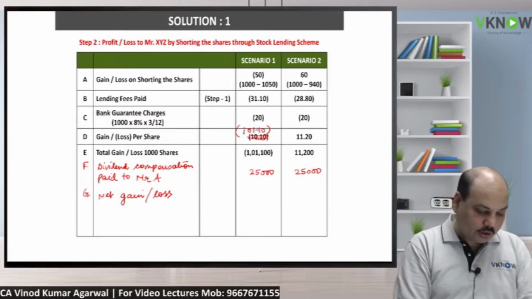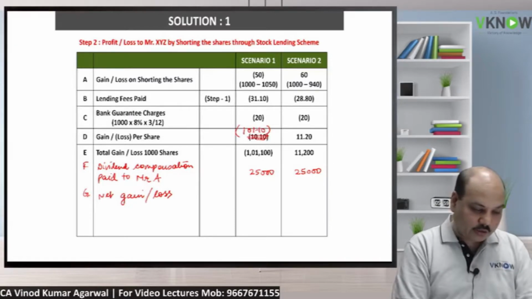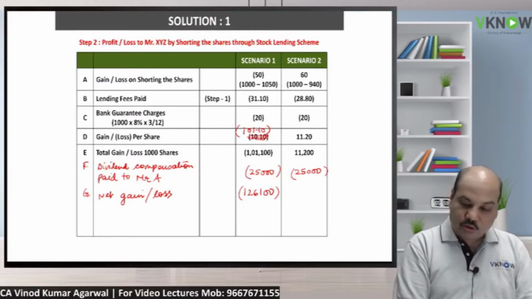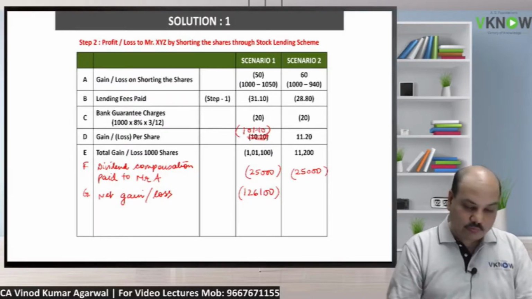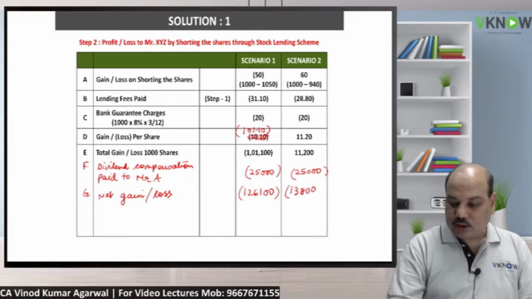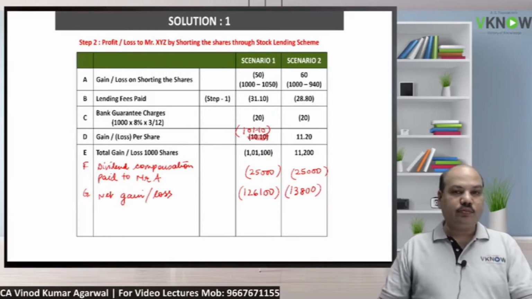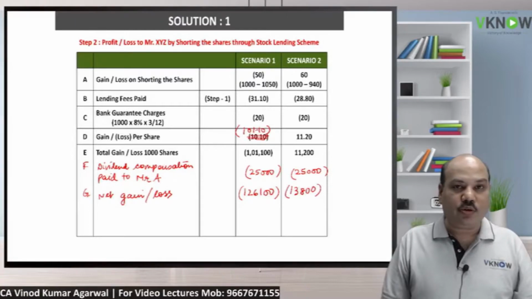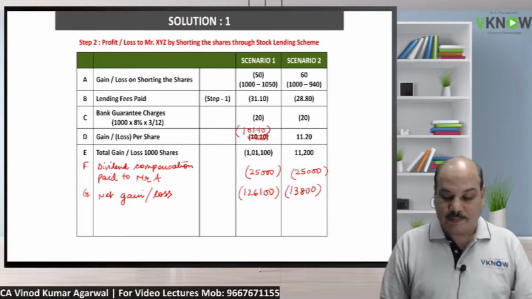So in the first case you have 1,01,100 and 25,000. The total loss will be 1,26,100. And in the second case, the total loss will be 13,800.